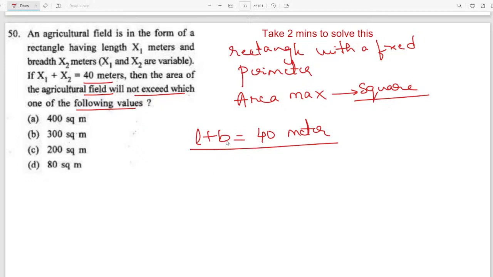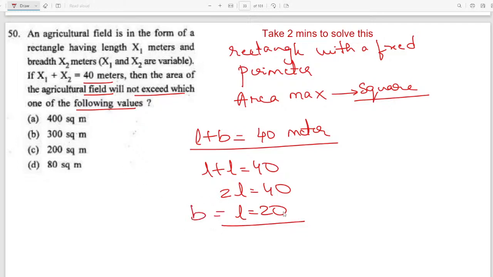So if I take L as both, L plus L is equal to 40, 2L is equal to 40, and L is equal to 20. Only when the length and breadth are equal to 20, the area will be maximum.